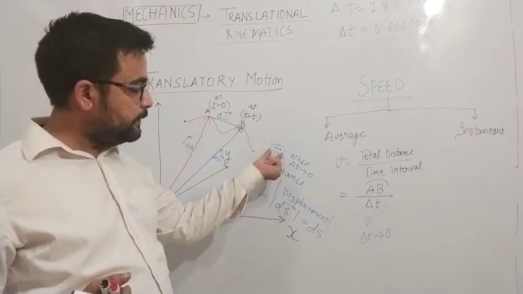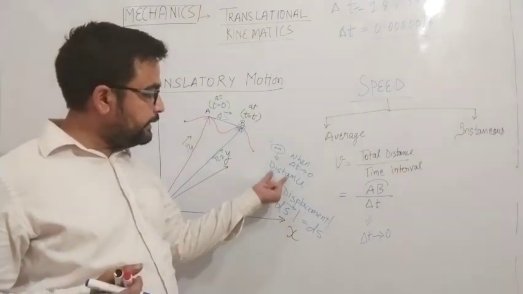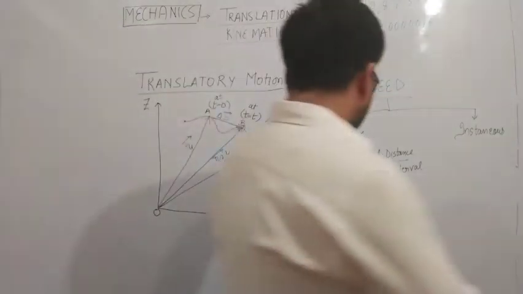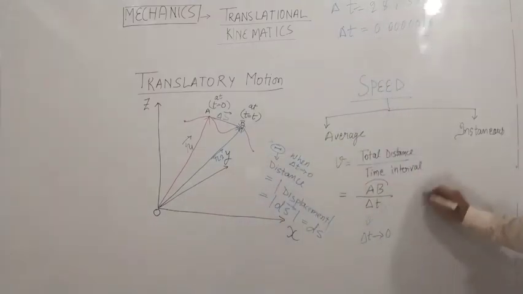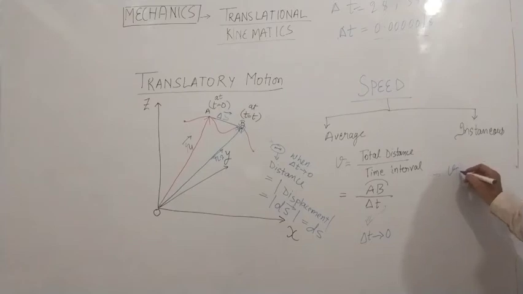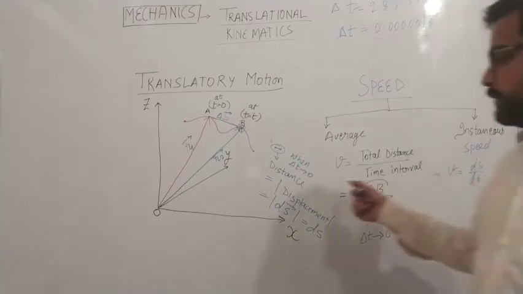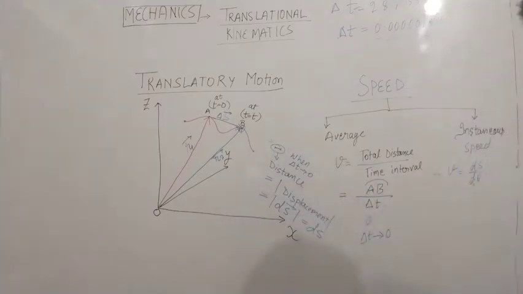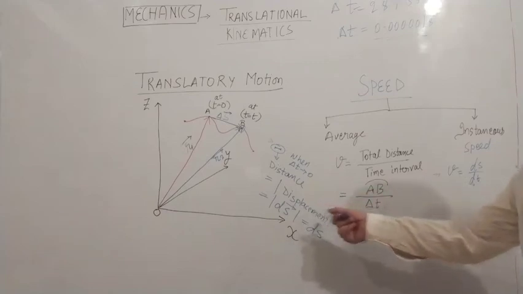We have seen here, so now I can write distance as ds. And obviously when delta t tends to 0, what you get is your instantaneous speed, and that is equal to ds by dt, where ds is distance, which is equal to displacement, or you can say instantaneous displacement.